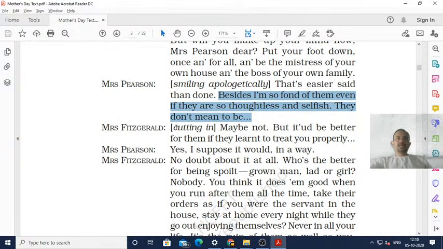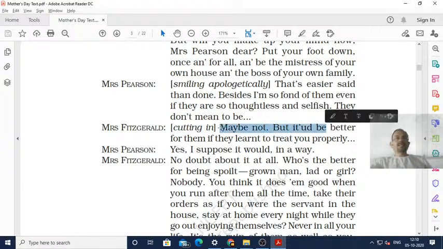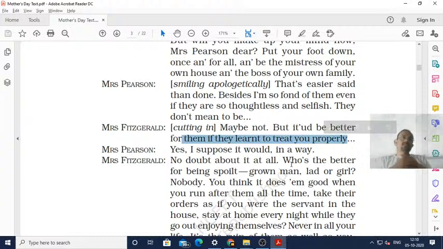Then Mrs. Fitzgerald cutting in, means she is interrupting Mrs. Pearson, and says, maybe not, but it would be better for them if they learn to treat you properly. You must teach them how to treat you properly. Because here you see Mrs. Pearson is speaking in favor of her family members, saying they don't mean to be.